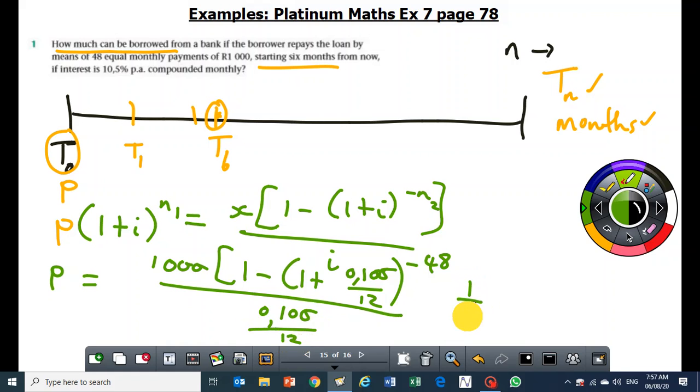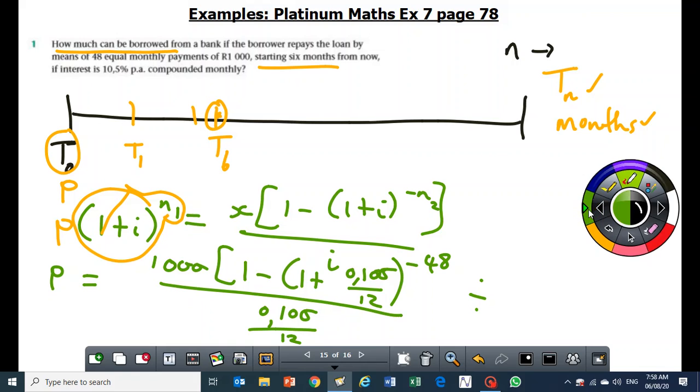We are going to divide all that by whatever is going to be there. So, you do the division, you will get 1 plus 0.105 over 12 raised to the power of 5.